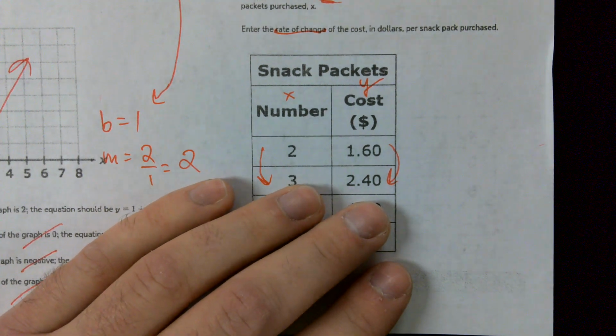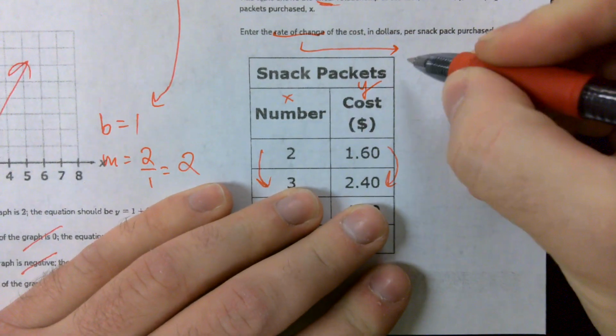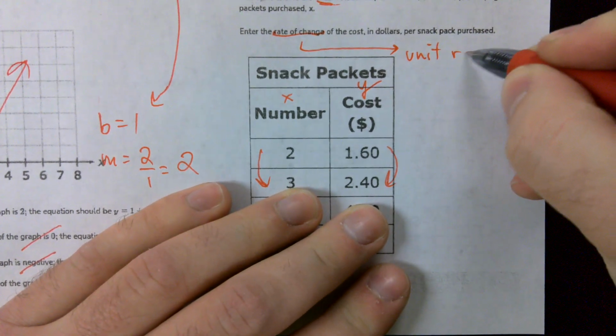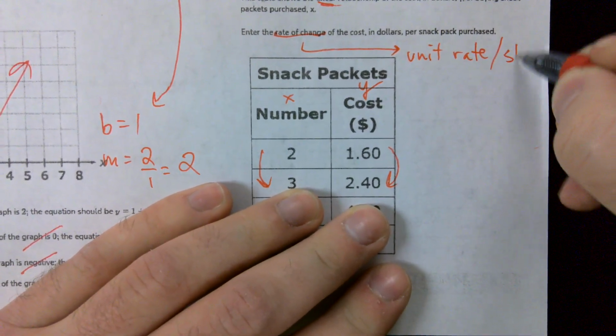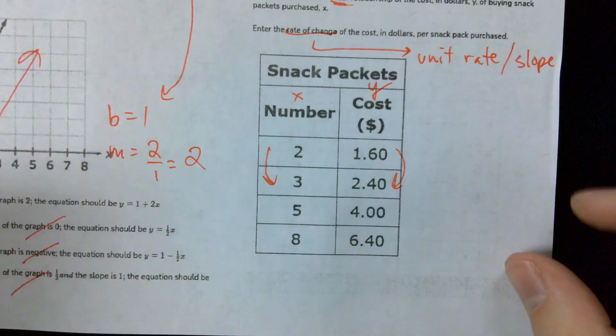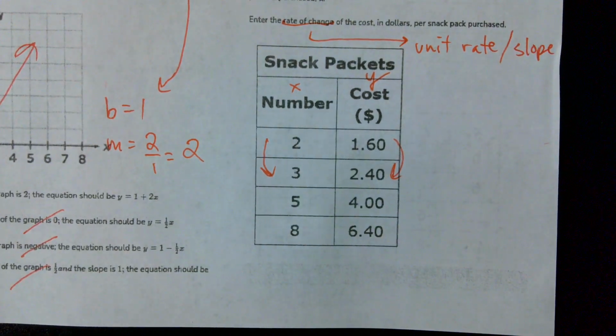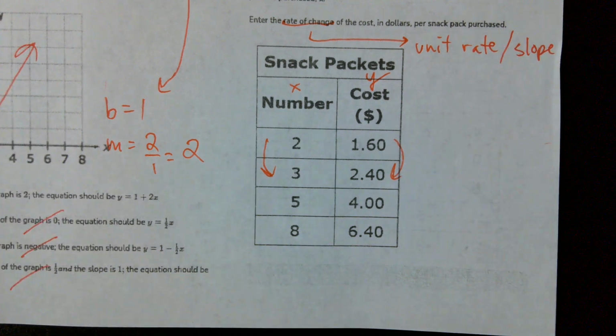What do we call that? Good. A unit rate, also known as slope. We know this. Rate of change, unit rate, slope, they are all the exact same thing. The only times we use rate of change and unit rate is typically when we're talking about a word problem within a specific context, right?